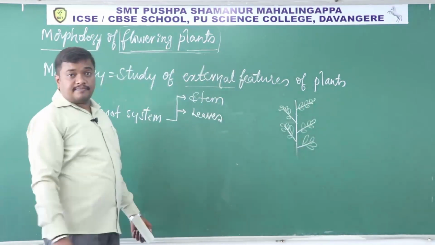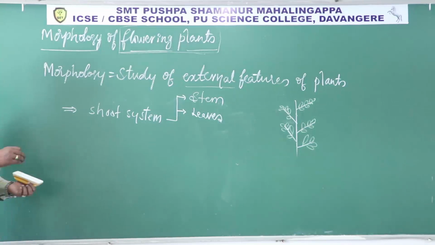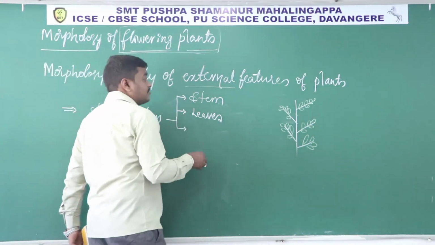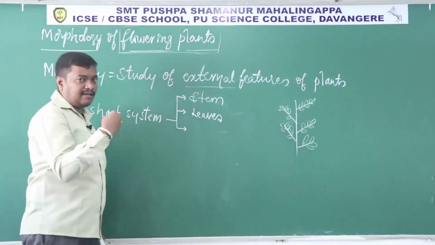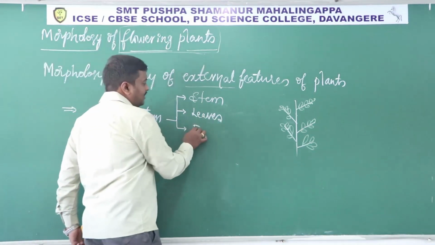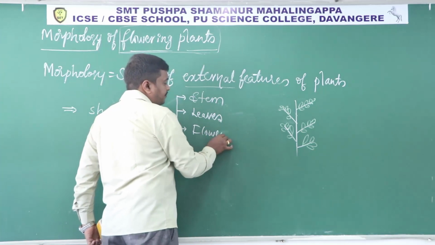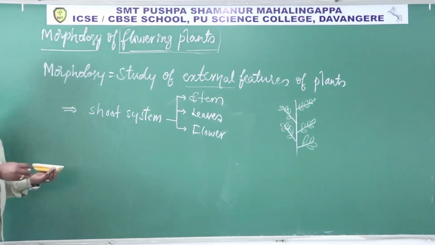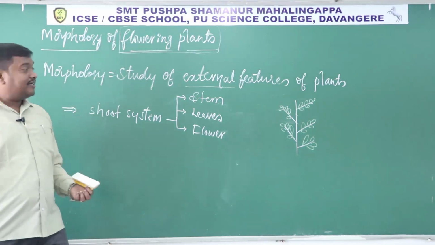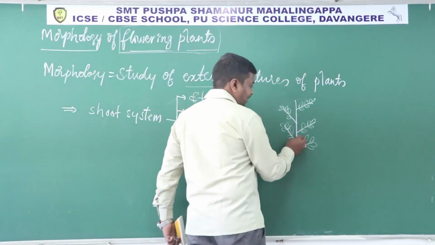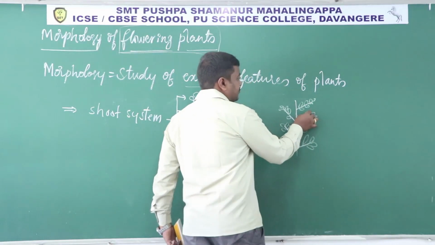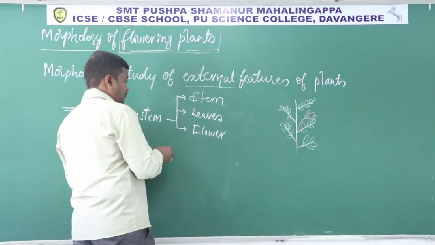Leaves are present like this. So we observe the stem, then the leaves, and after the leaves, in some plants, not always in all plants, you can notice the beautiful part of an angiosperm plant, which is the flower. You can observe the different colored flowers.